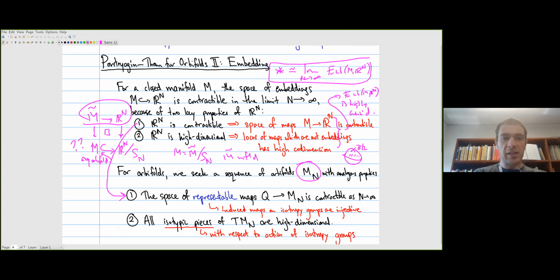So that's a strengthening of property number two. Not only should we be high dimensional, we need all these isotypic pieces to be high dimensional. Great.